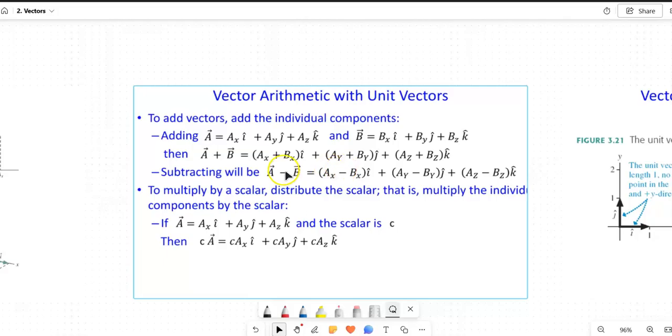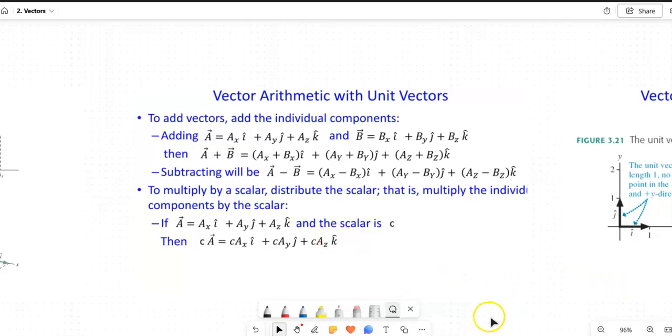So A minus B would be (Ax minus Bx) i, (Ay minus By) j, (Az minus Bz) k. If you have a scalar, for example 3 times A, you would multiply each one of its components by that 3. So the vector 3A would be 3Ax i hat, 3Ay j hat, and 3Az k hat. You just multiply each one of those components by the scalar.